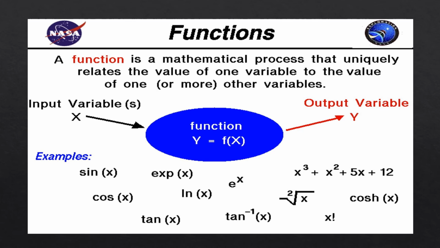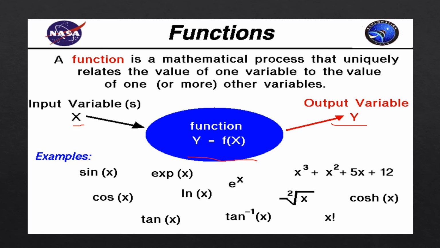So here we have another definition of function. A function is a mathematical process that uniquely relates the value of one variable to the value of one or more other variables. So we have the function y equals f of x. The input variable is x and the output variable is y.